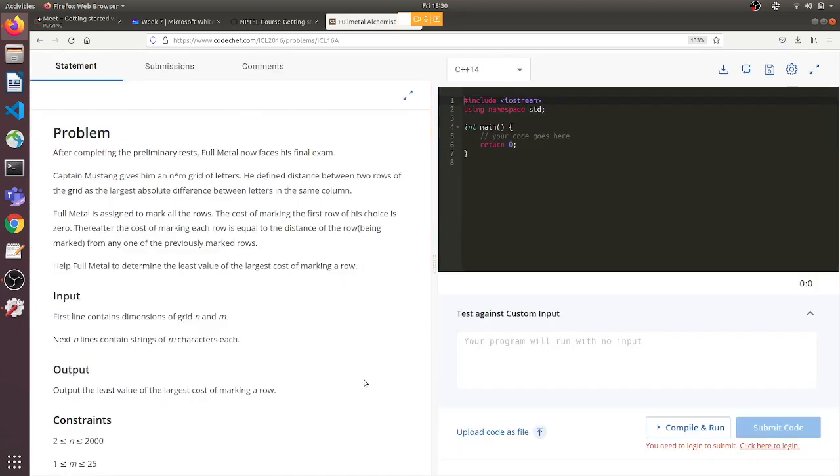So let's try some other problem. I've randomly chosen this problem.